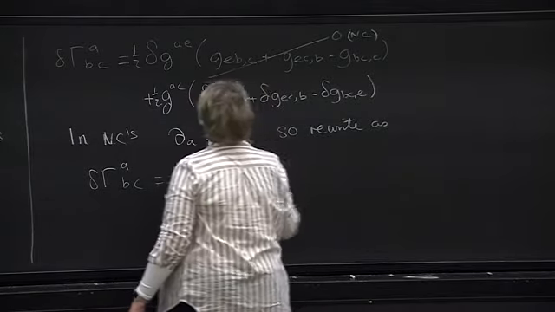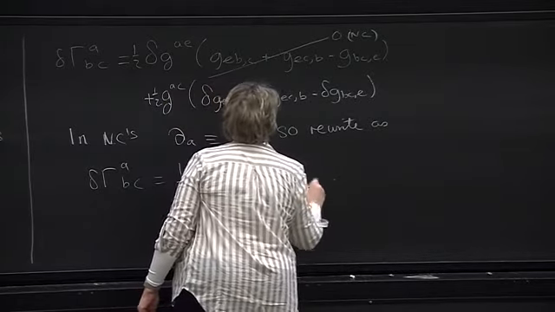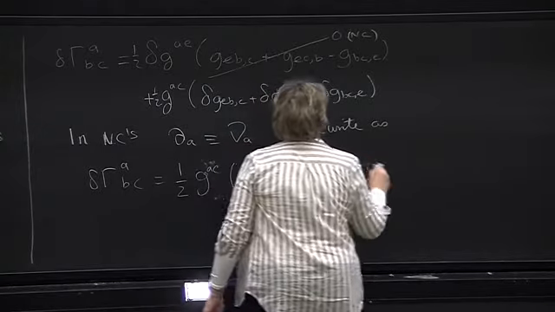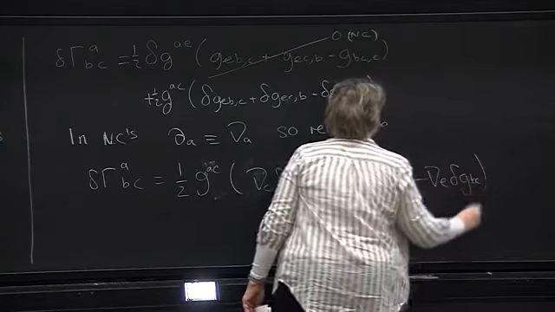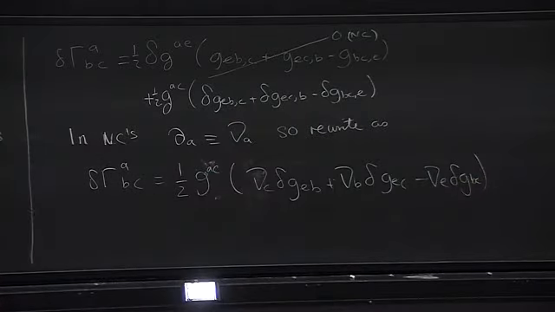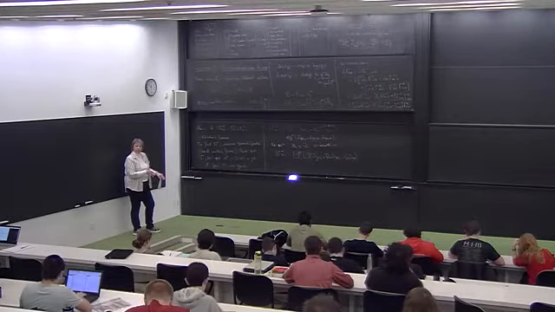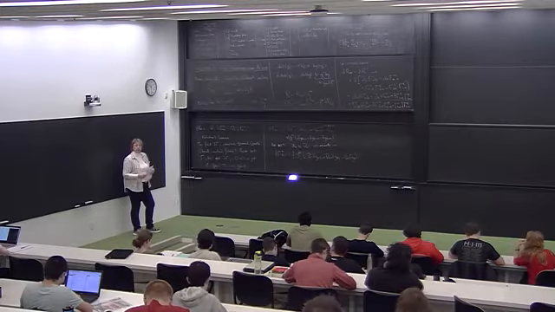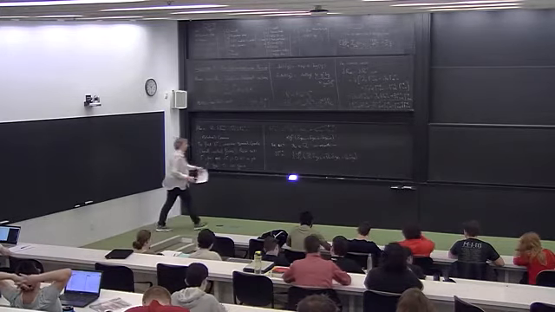So in normal coordinates, I can replace those partial derivatives by covariant derivatives. But now this is a completely covariant geometric expression. It's true in the normal coordinate frame, but because it's true in one coordinate frame and it's a tensorial expression, it's therefore true in general.